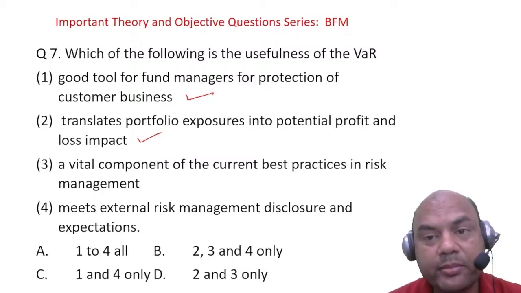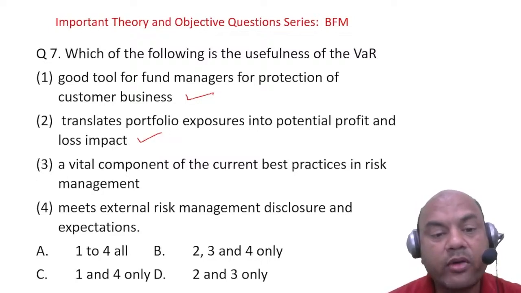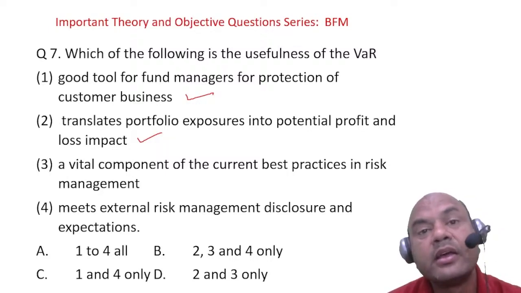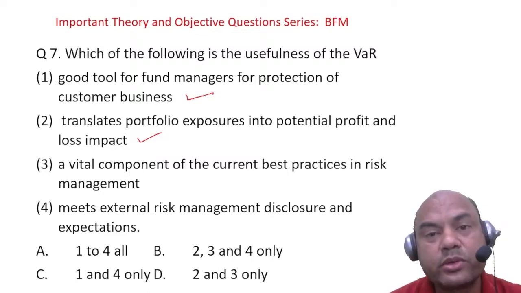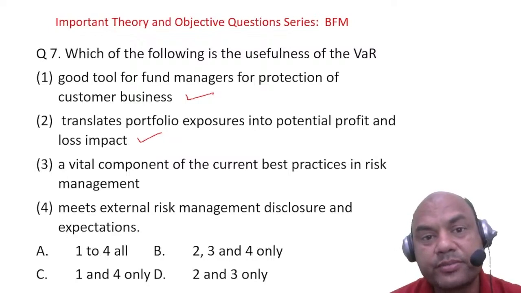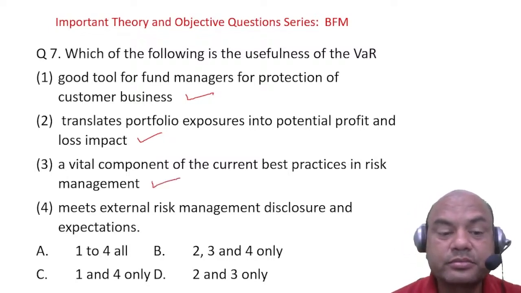Banks predict based on your VAR. A vital component of the current best practice in risk management. Remember, VAR is the best tool nowadays available for any banking calculation. So that is also the answer.